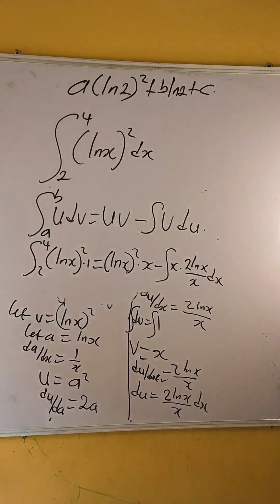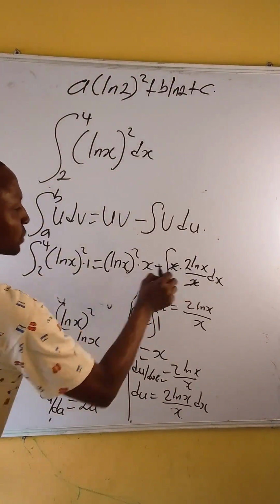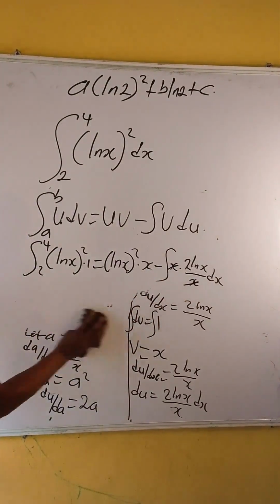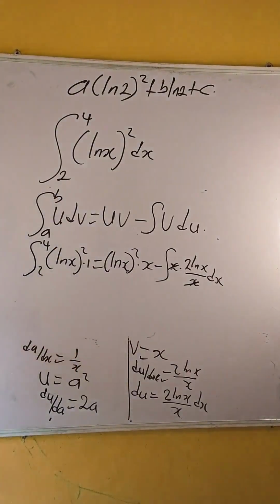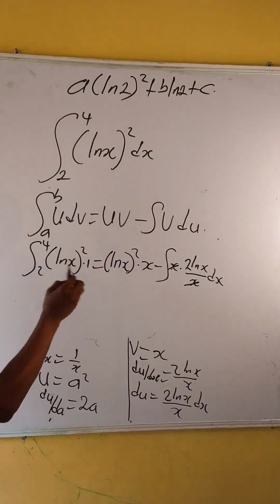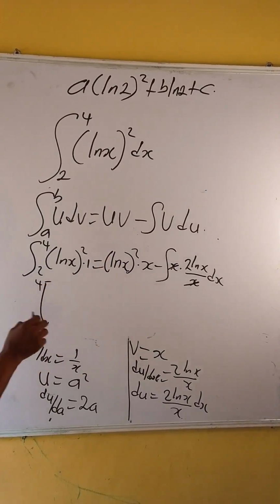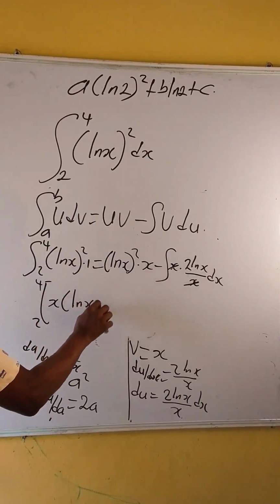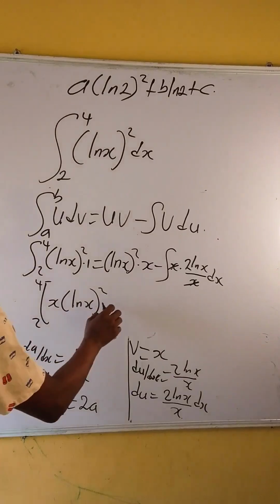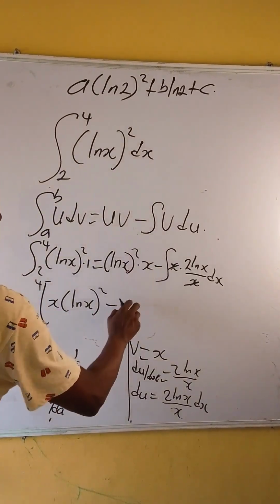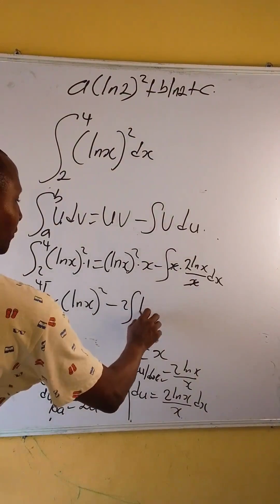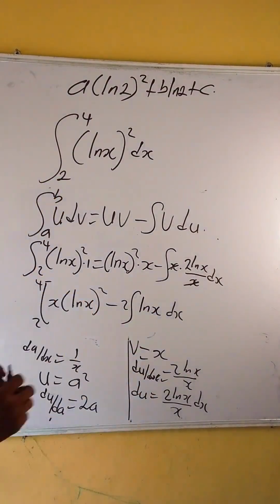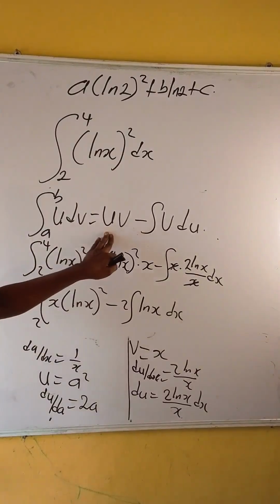Now, don't forget, this is multiplying x, so it will cancel this x. To rearrange, don't forget you still have your 4 and the 2, they are still there. So x times this gives me x bracket ln x all squared, then minus, these 2 will come out, integral of ln x dx. Can you see what we have? We have ln x dx now, so you repeat this process again.